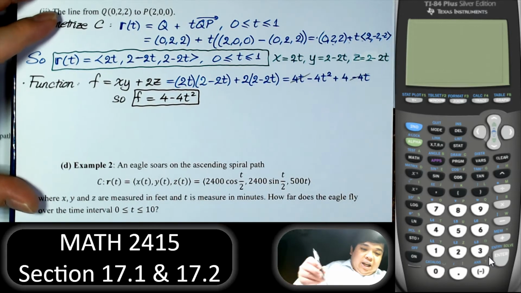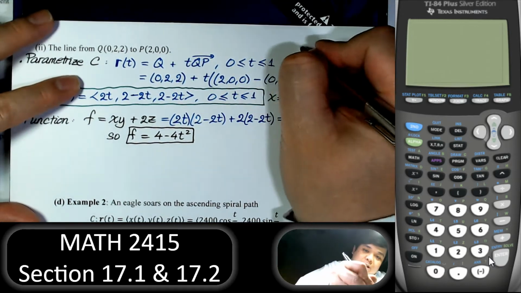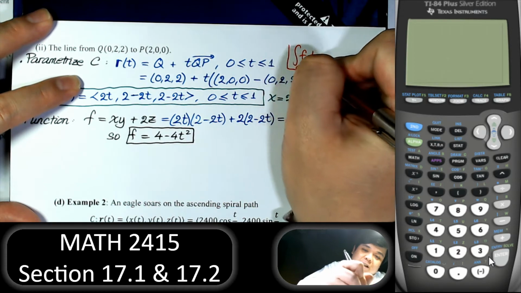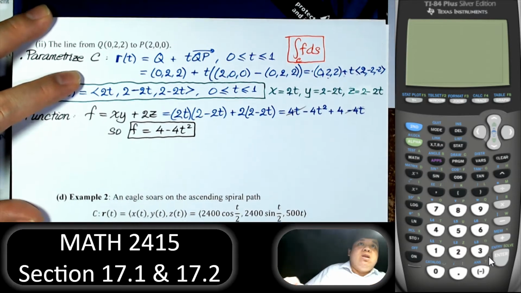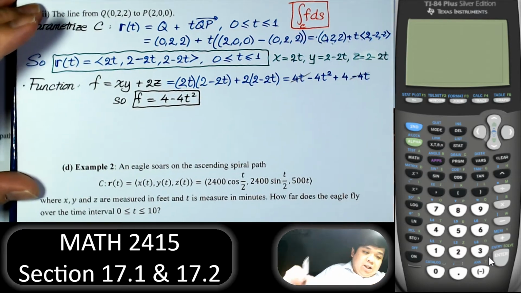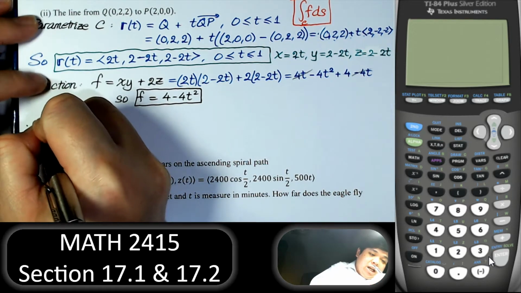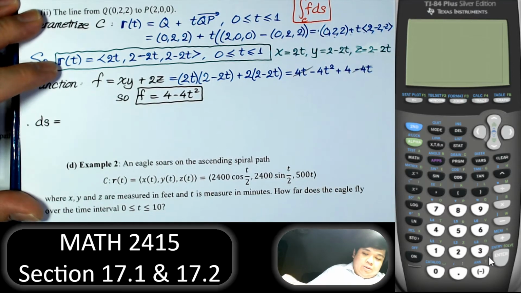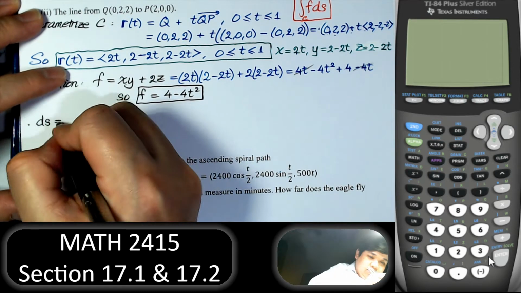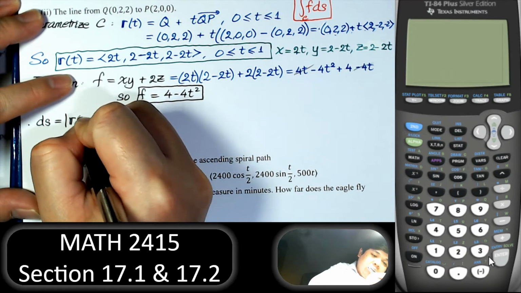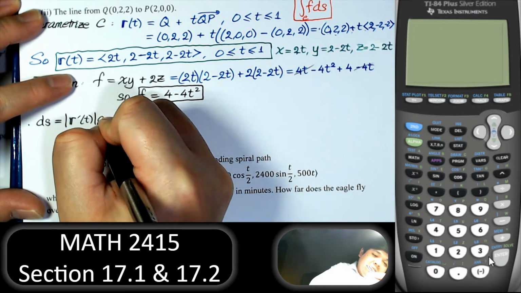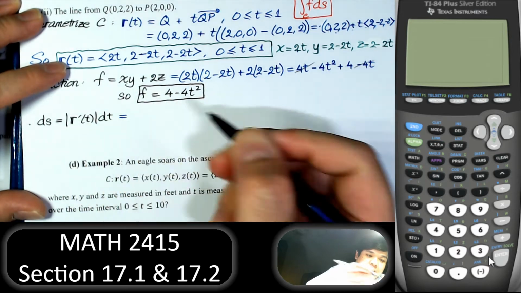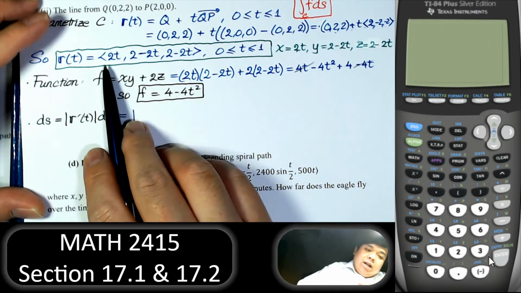So next, in this case, we will do f ds, the line integral, the scalar version of it. That means we're going to compute ds. ds is equal to the magnitude of the derivative of r(t) dt. So this is r of t.